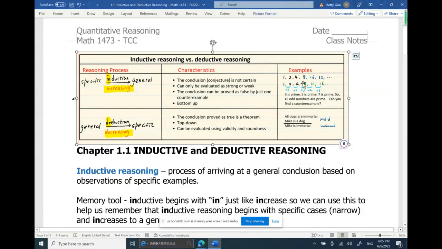As you can see from the example I gave here, if we are finding other elements from a sequence based on the given first three elements, let's say 1, 2, 4, we can get two different sequences. The first one, if we see 1, 2, 4 as the powers of 2, 1 is 2 to the power of 0, 2 is 2 to the power of 1, 4 is 2 to the power of 2.